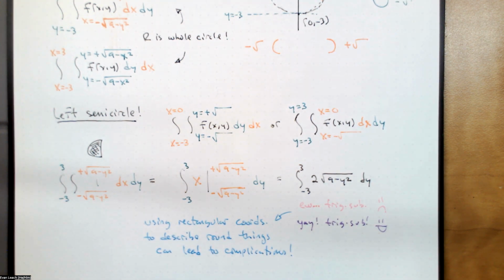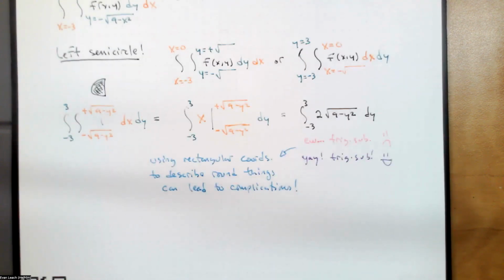Using rectangular coordinates to describe round things can lead to some problems. Complications. It's not impossible, it's just less convenient.